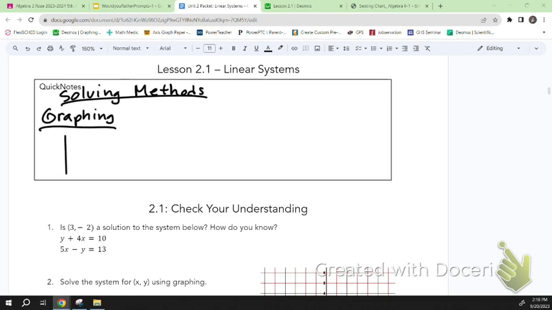I'm going to make a sketch. When we graph, we are looking for a point of intersection.